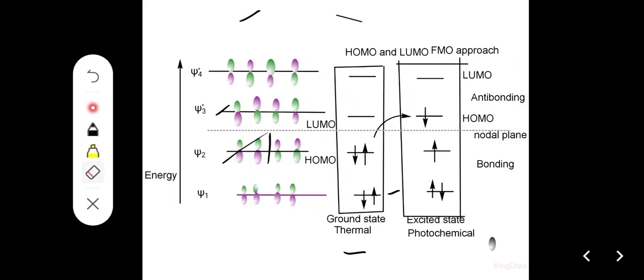The other molecular orbital gains energy and has less stability, termed the anti-bonding molecular orbital. All systems always tend to show a stable configuration.